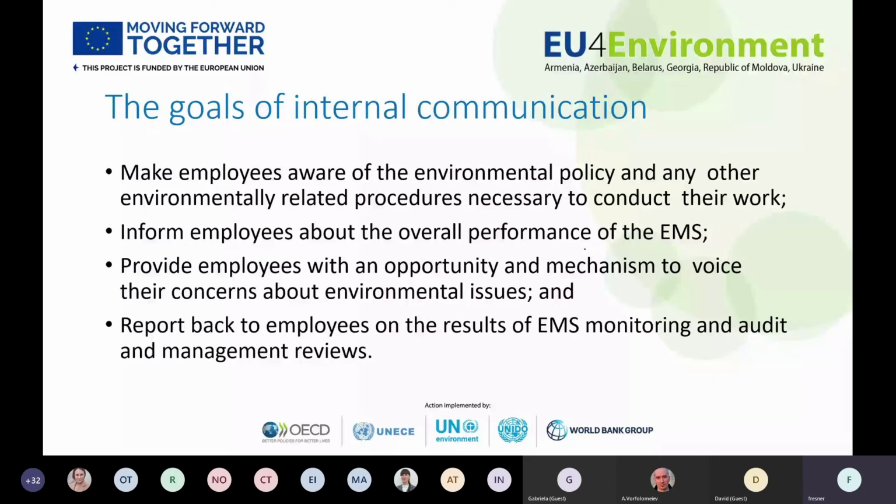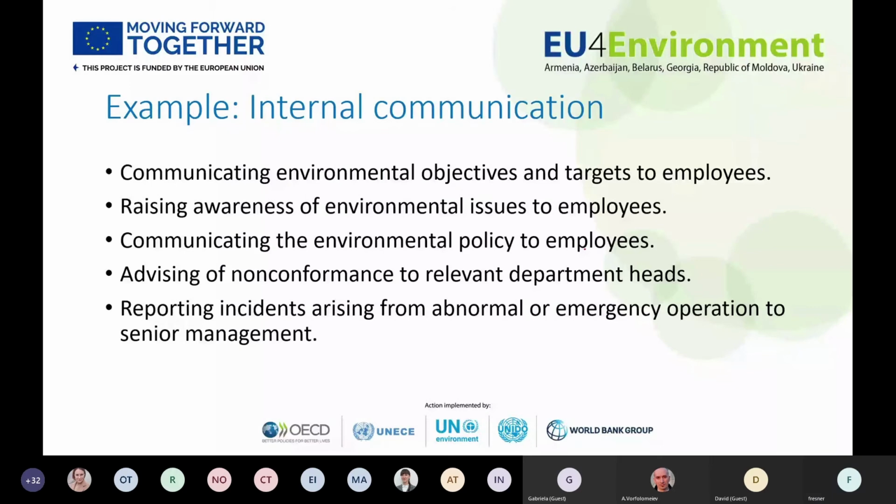We want everybody to know about the policy and the related objectives. We want to have continuous information about the actual performance, so whether there are any gaps, whether there are results to mobilize, or whether everything is following a green line. There should be also a mechanism to collect feedback, to collect ideas of our employees. This is important.